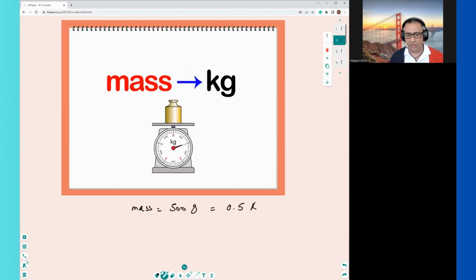So a half kilogram is the value that I need to use in the problem, because we don't deal with grams in physics. In 99% of the formulas, we use only kilograms in the SI system.